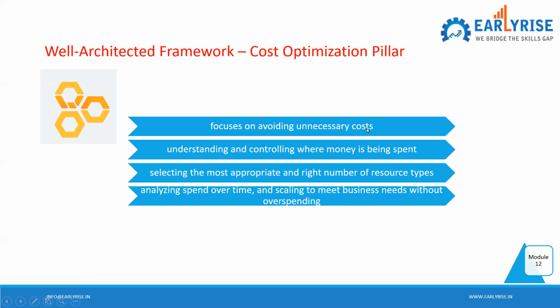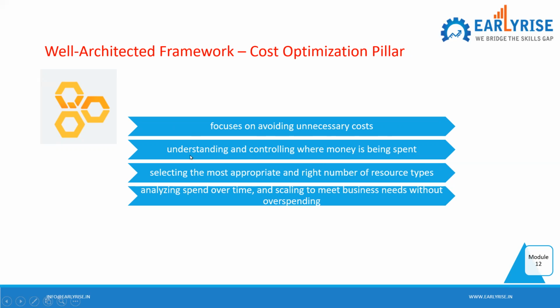Until you understand where you are wasting your money, you will not be able to save it. So you have to do analysis of where your money is going, and you should keep track of it. Understand and control where money is being spent. It is a very basic thing, even in our real life, not only for cloud or AWS.